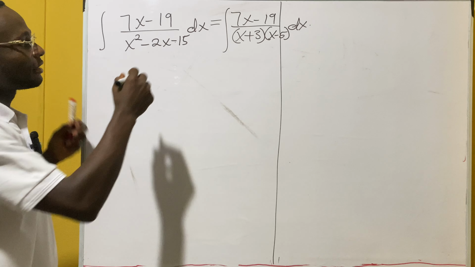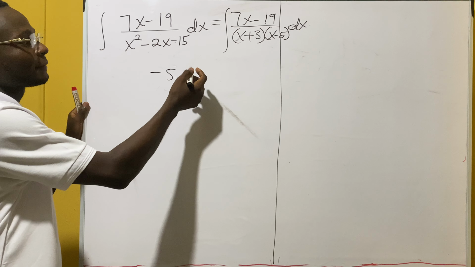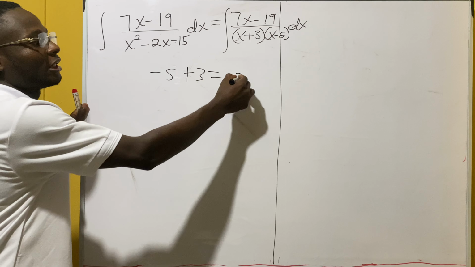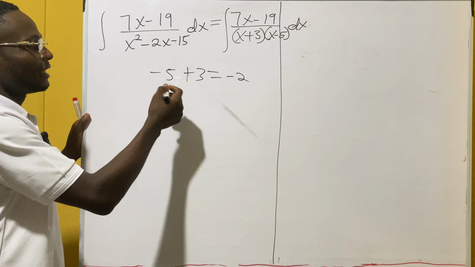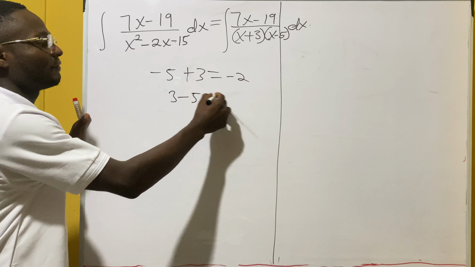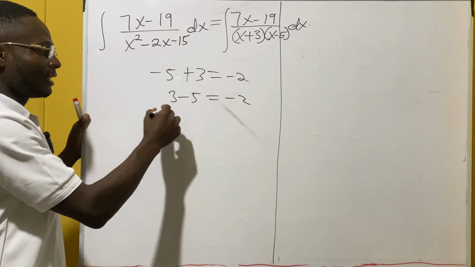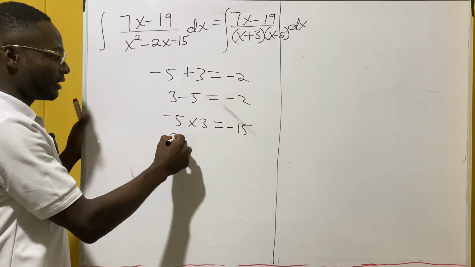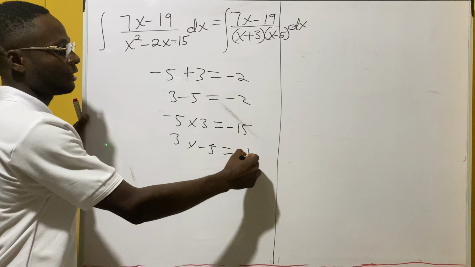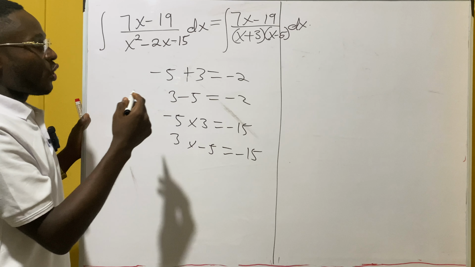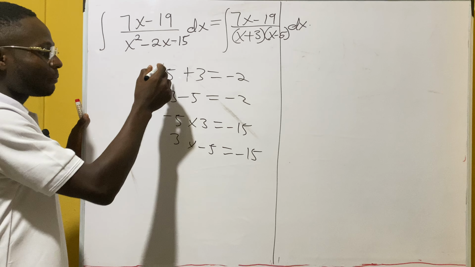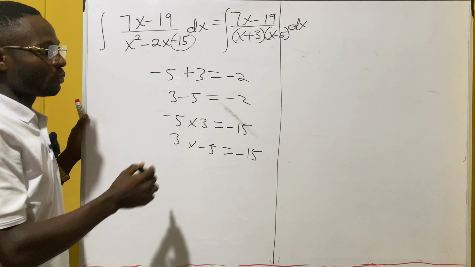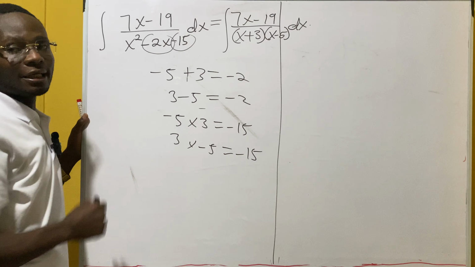We know that minus 5 plus 3 is going to give us minus 2, and 3 minus 5 is also minus 2. And we have minus 5 times 3 is minus 15, and 3 times minus 5 is minus 15. So whatever you do, when you multiply these two factors, you should get the constant, and when you add them, you should get the middle coefficient right here.